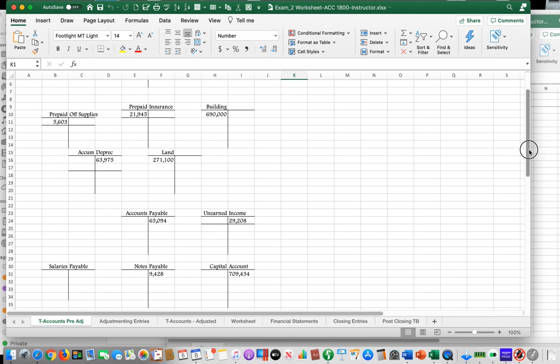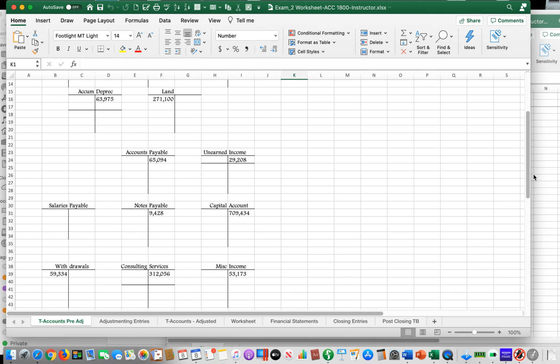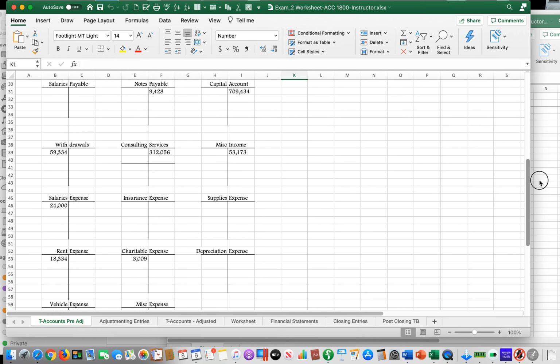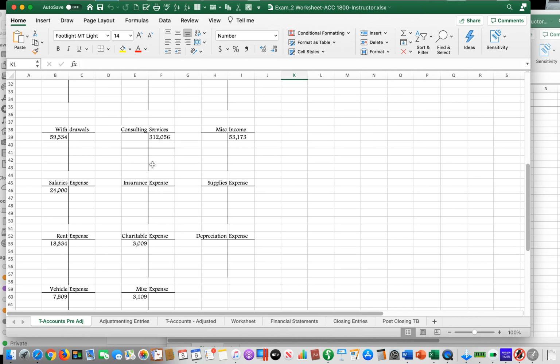Then you have your liabilities. We have actually 4 liability accounts: accounts payable, unearned income, salaries payable, there's nothing there yet, notes payable, and then you have your capital accounts, your withdrawals, along with the capital account. Don't forget the withdrawals are a debit balance. And we have our income statement accounts: consulting services, miscellaneous income, and then you got our expenses, okay?